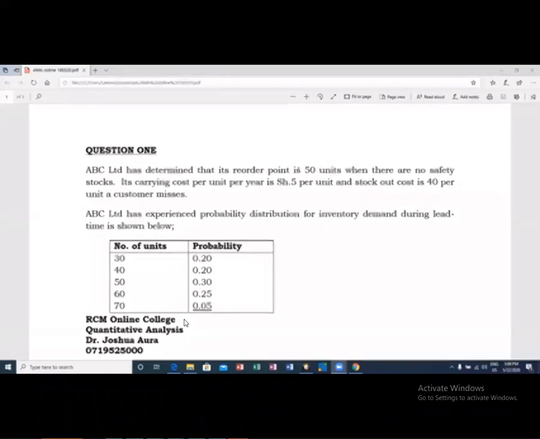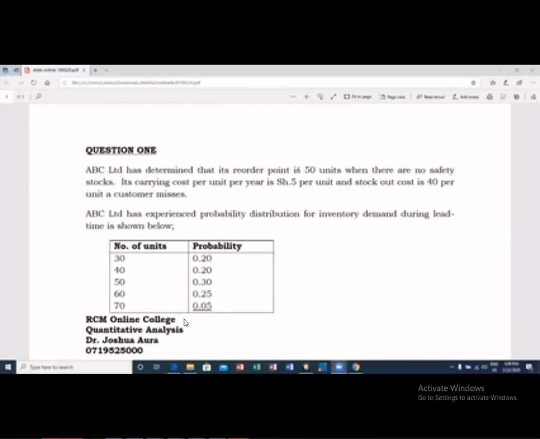And the stock out cost is 40 per unit a customer misses. So they have given us stock out cost, which is a key requirement whenever it comes to safety stock calculations. That is quite key. We are told ABC has experienced a probability distribution for inventory demand during lead time, which is shown below. So we have number of units, we have probability.